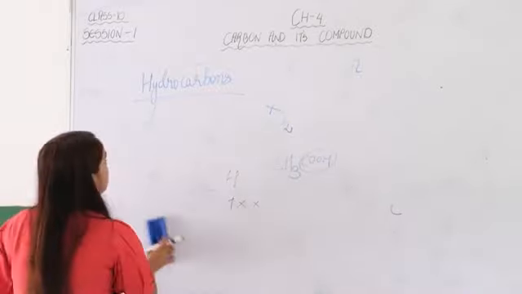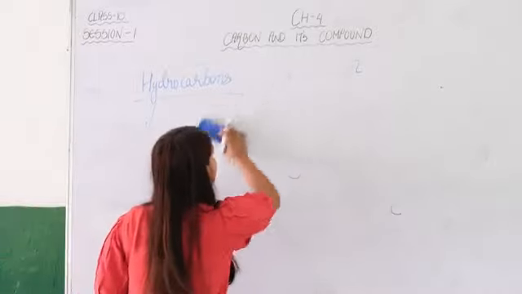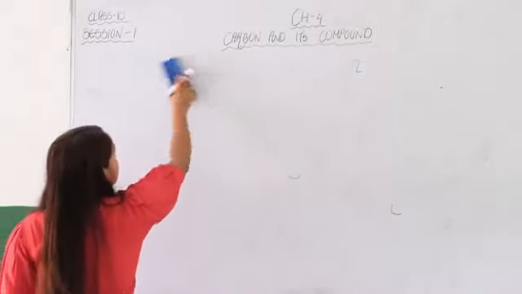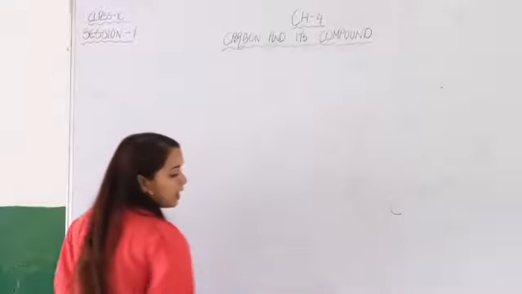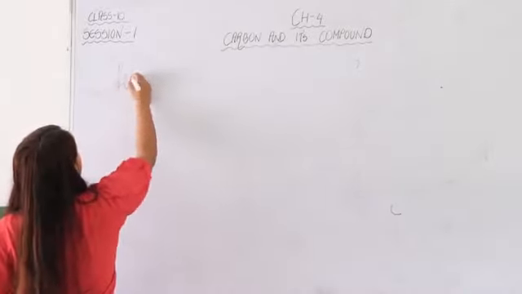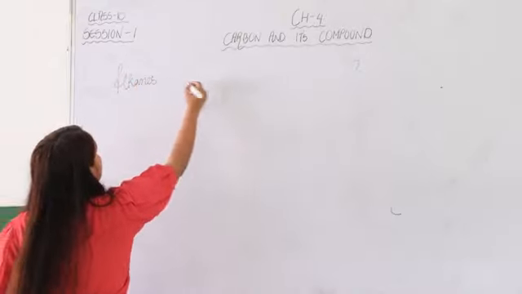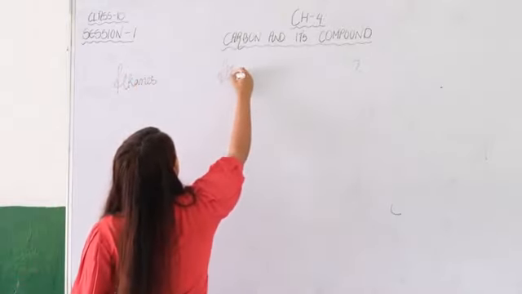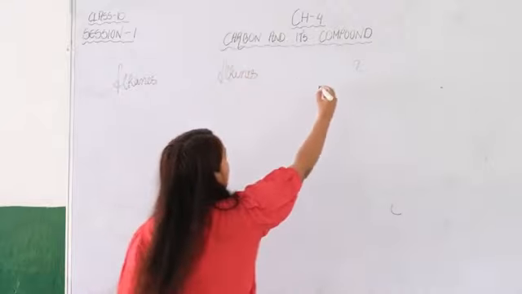Now we will be seeing the saturated and unsaturated categories, which are further classified into alkanes, alkenes and alkynes.